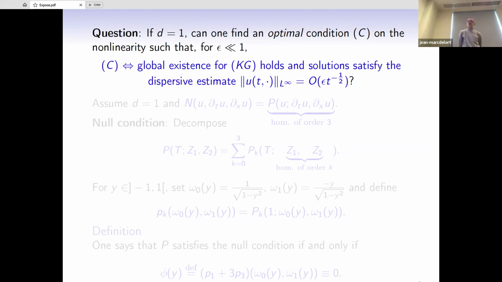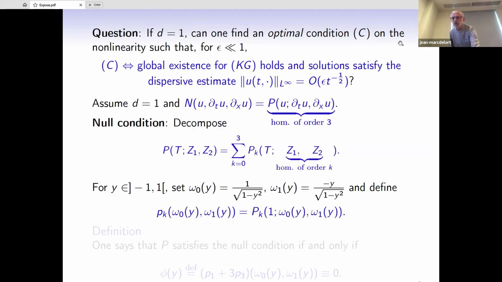So, more than 20 years ago, I actually proposed such a condition C, and I proved half of this equivalence. So let me explain what is this definition of this condition that I will call a null condition. To do so, I will limit myself to the case of cubic nonlinearities.